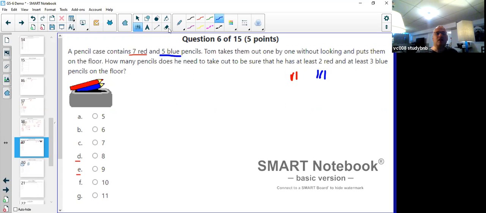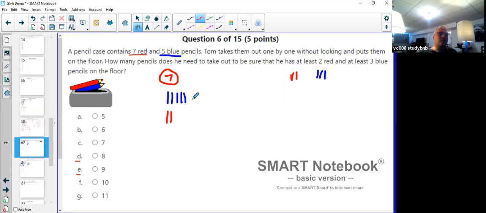If I get 5 blues, then how many more do I have to take? If I get 5 blues, I've got at least 3, right? Then I take 2 more, and I'm guaranteed to get red. If the first 5 are blue, the next 2 have to be red. And so that's a total of 7.